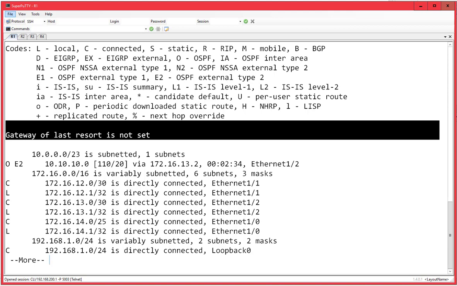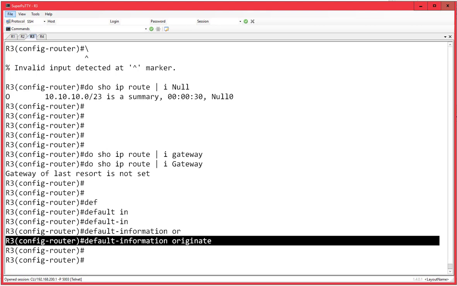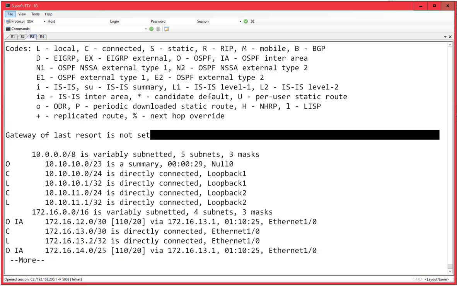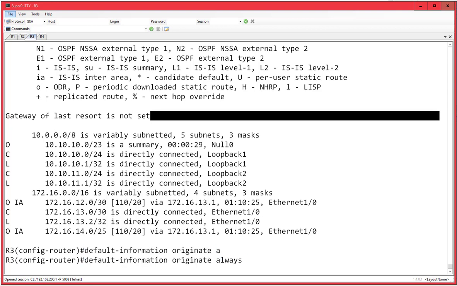With a default-information originate command, router 3 is only allowed to advertise a default route into OSPF if it has its own default route configured, statically or through some other dynamic process. Because I don't have a default route configured on this router, it's not going to inject the route into OSPF. So you could add the option always.